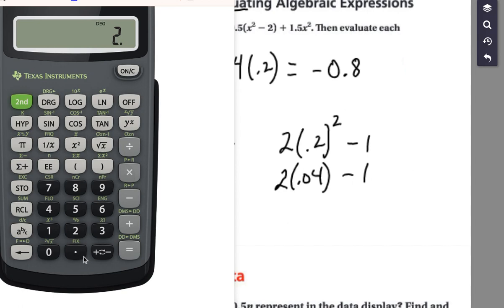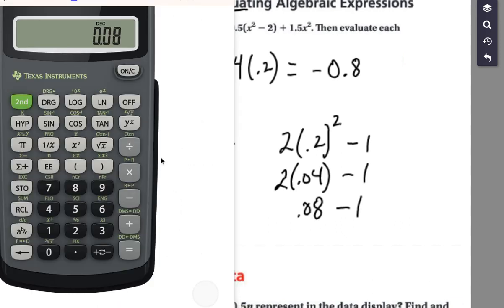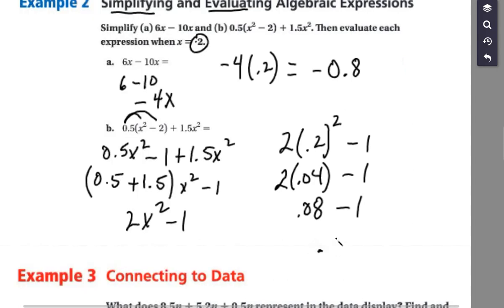Two times 0.04, that's going to equal 0.08 minus 1. So on my calculator, I'll just hit minus 1. So that's going to give me 0.92 on that right there.